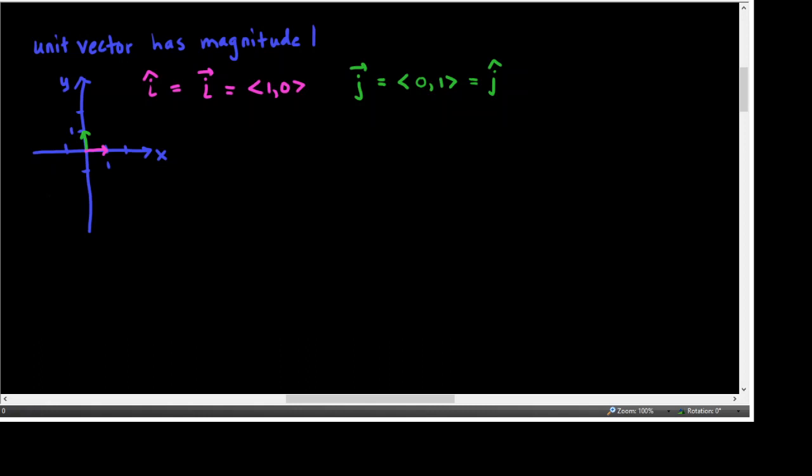Okay. So if we have a vector V that in component form is A, B, and let's do an example over here so that this is understandable. Let's make this 2, -3.